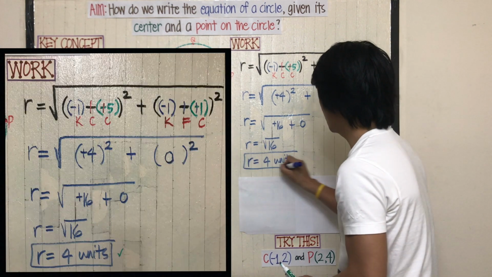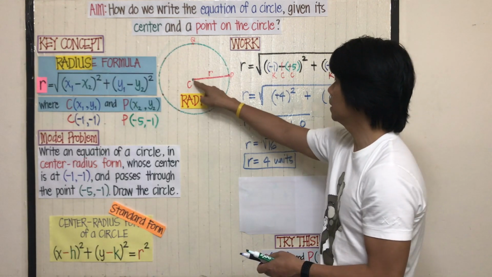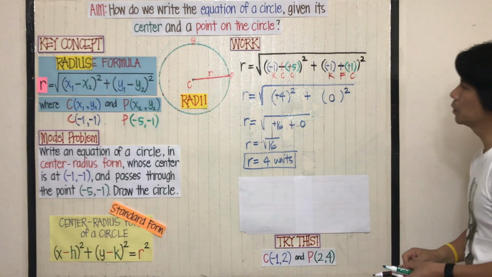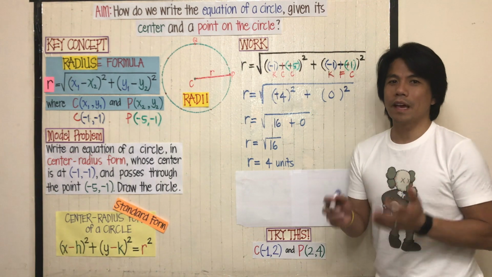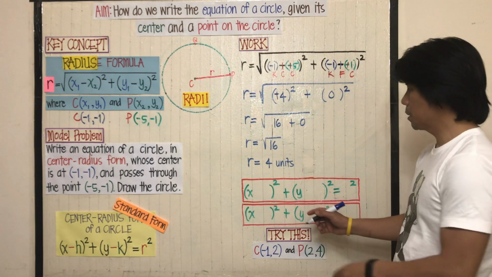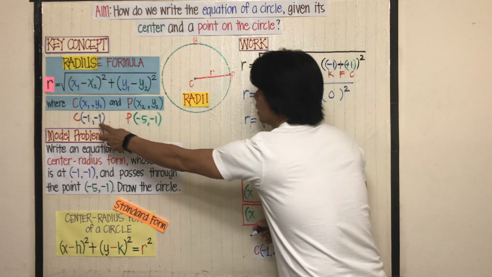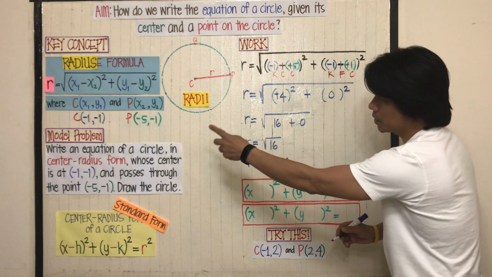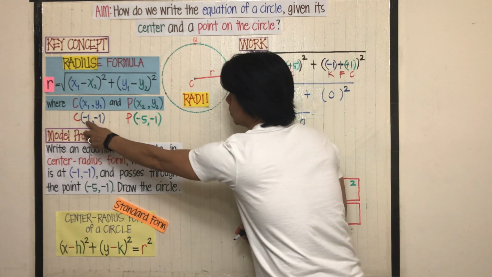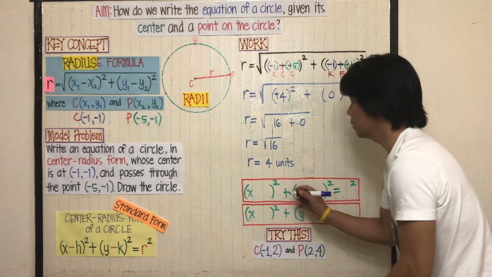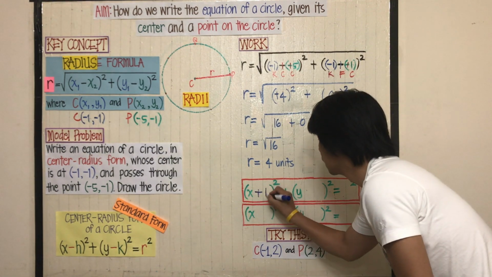And that is our radius, the distance from the center to the point. Now, what do we do next? So all we need to do is to put the coordinates of the center and change the sign. So if H is -1, switch the sign, it becomes +1.